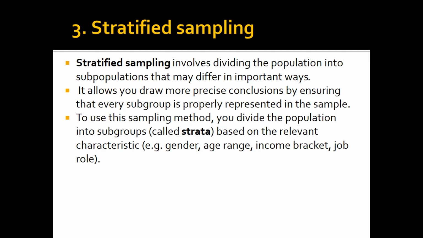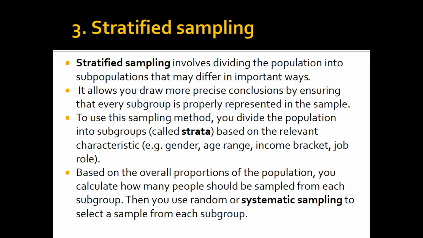Like that, you can create strata, or income brackets, or job role or designation, whatever you may take. In that manner, you create subgroups and use simple random sampling to take a sample from each stratum, so that none of the strata is lost from being included in the sample, and your sample is a little more representative.